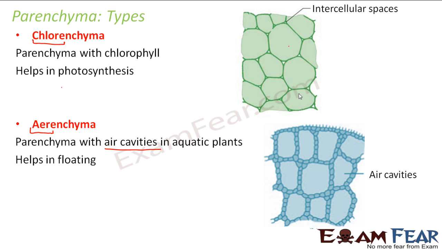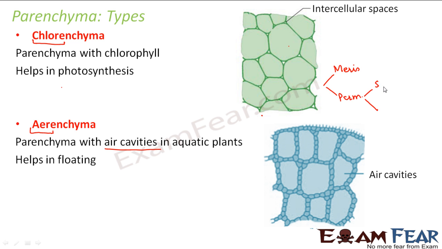In case you have any confusion regarding the types of plant tissues, let us quickly look at the classification once again. So what did I say? Plant tissues are classified into two types, that is meristematic tissue and permanent tissue. Right now we are concentrating on permanent tissue.